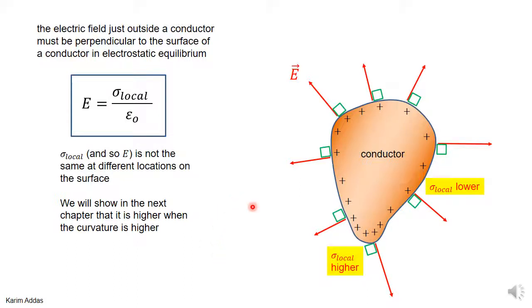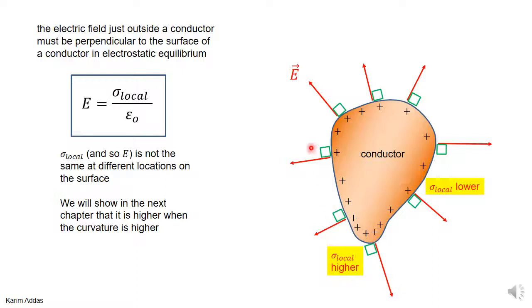Just to recap, sigma local doesn't have to be the same at different places on a conductor. In fact, we'll show later that sigma local is much higher at sharp edges, and much lower at curved, smooth edges. So if sigma local is higher at sharp edges, then the electric field will also be larger at sharp edges.